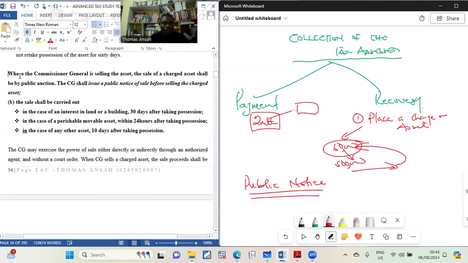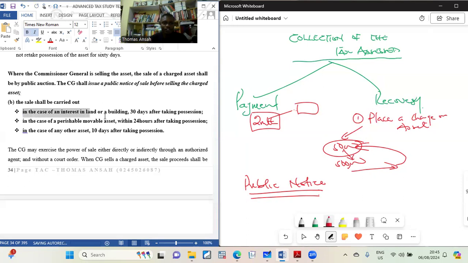Now we are looking at a situation where the Commissioner General is going to sell your assets. You're going to make an auction for your assets. If he's selling it, it must be by a public auction. So he cannot corner one way and sell to another person. It must be a public auction for people to actually come in and apply.